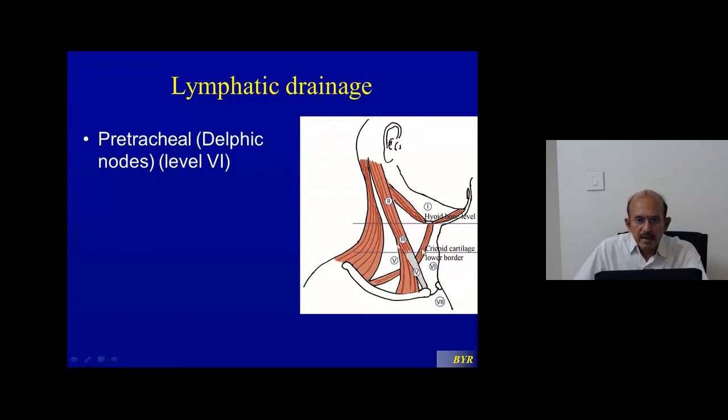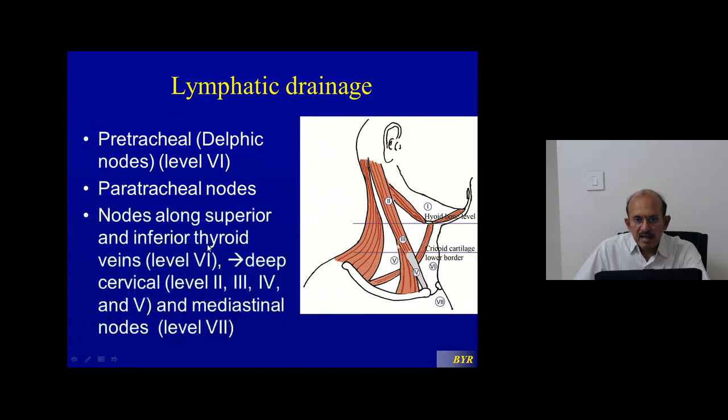So thyroid gland drains mainly to the level 6. These are called the Delphian nodes. Already I told you. Then there will be involvement of paratracheal nodes. From the posterior part of the thyroid gland, the lymph can drain to the paratracheal nodes. The nodes along superior and inferior thyroid veins, that is level 6.